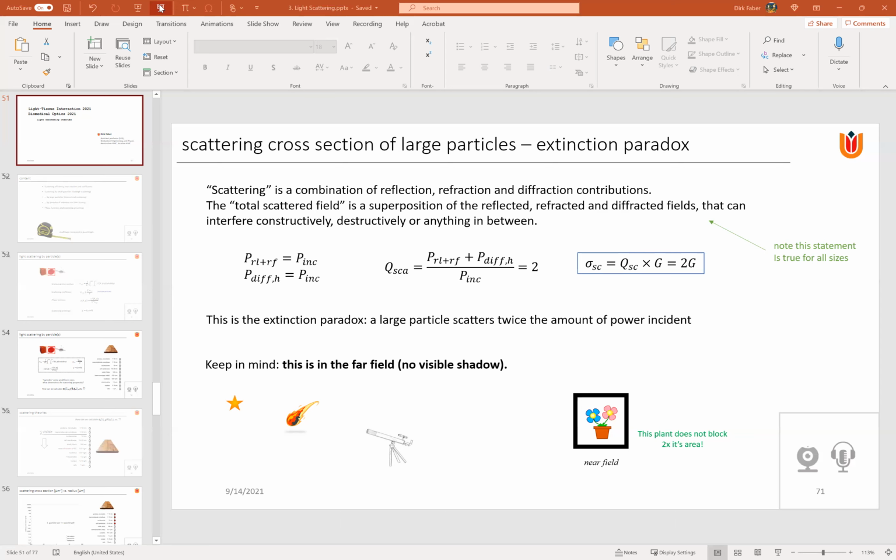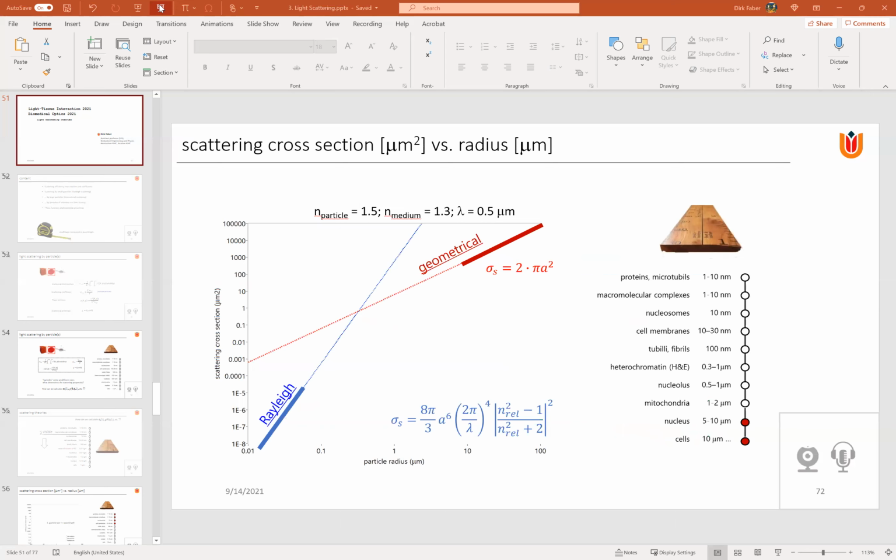You can observe it in practice. For example, if you look at light from a distant star that is scattered by a comet that passes through its light, then you will observe that the amount of light that is scattered is twice the amount of light that is incident.